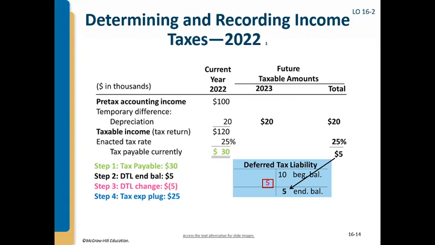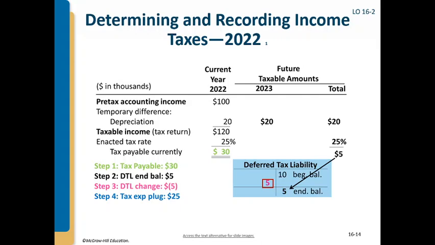And your balance at the end of the deferred tax liability should be 5,000 because in 2023 you're going to pay $5,000 on the 20,000 that is deferred till 2023.